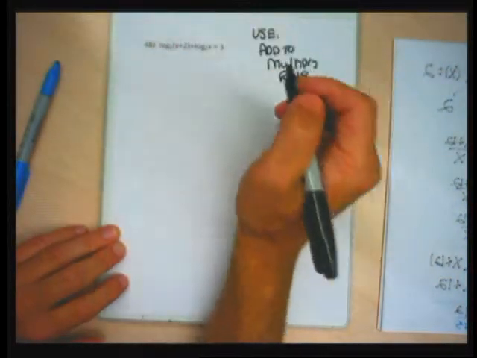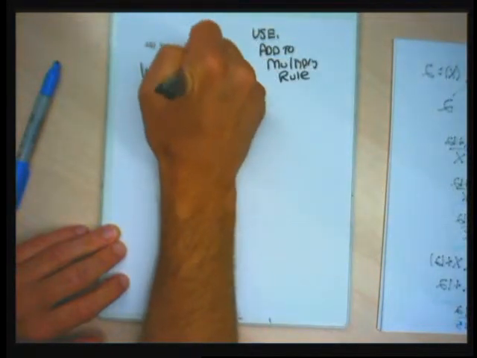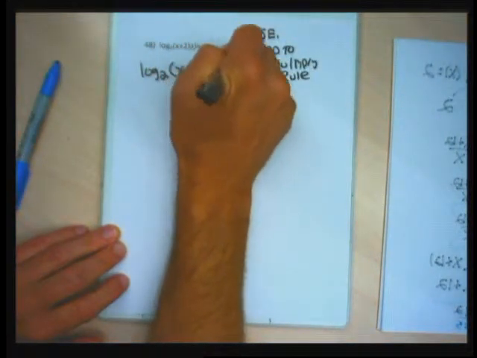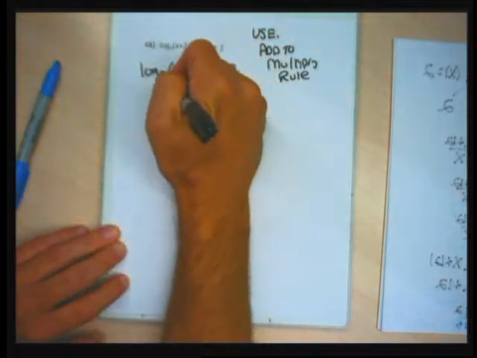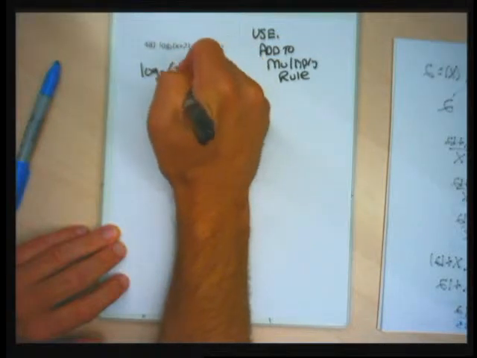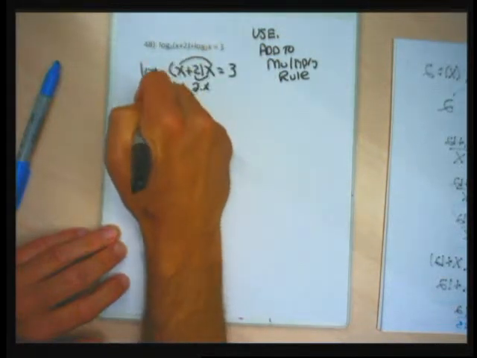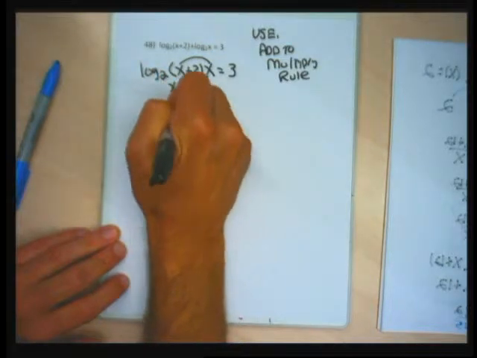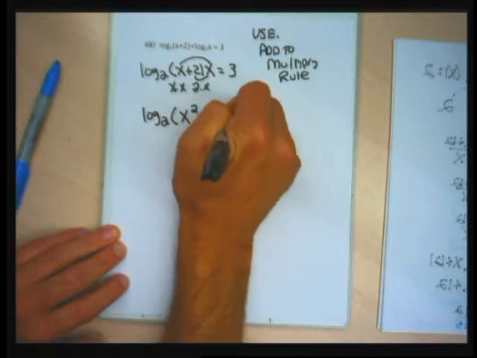So I'm going to go left side, logarithm base 2 of x plus 2 times x equals 3. I need to do that multiplying. That multiplying has me go x times x and 2 times x. So I can rewrite the left side as log base 2 of x squared plus 2x equal to 3.